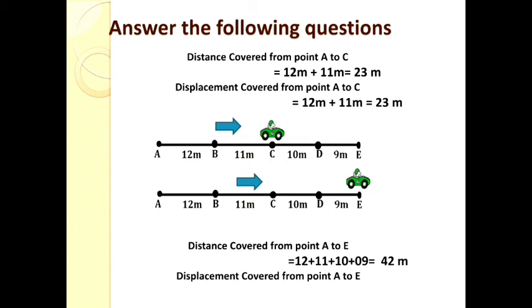And the displacement covered from point A to E is also the same, 12 plus 11 plus 10 plus 9 is equal to 42 meters. In all the above examples, you noticed that the distance and displacement were the same because the car has not changed direction and was moving in the same direction.